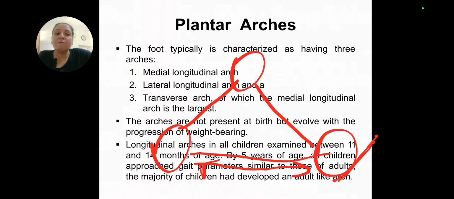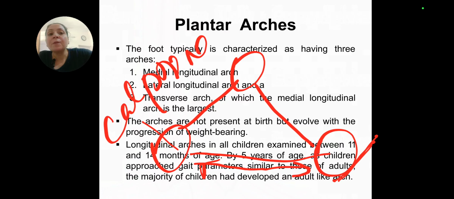If this pull is decreased, this will not act as a suspension. It will flatten. The medial longitudinal arch will flatten, and flattening will cause a calcaneal pronation position over there.